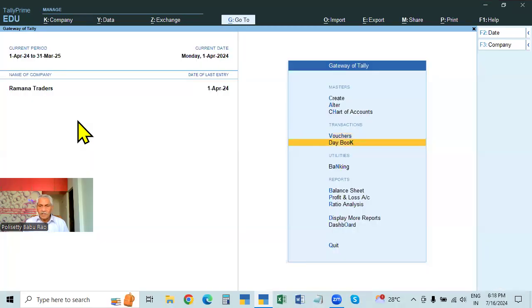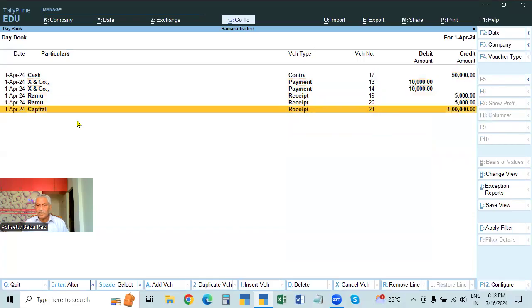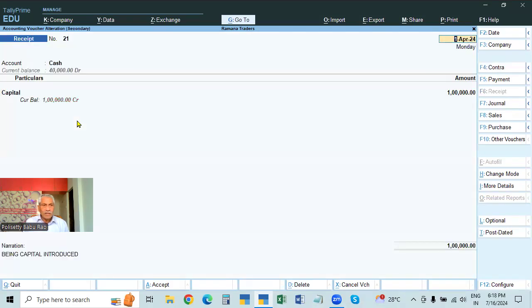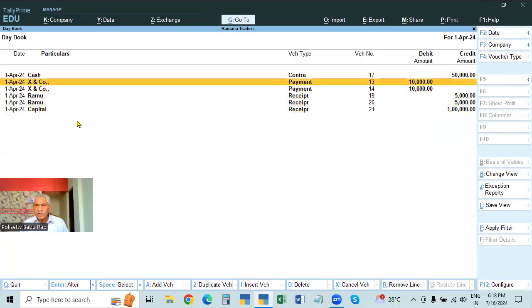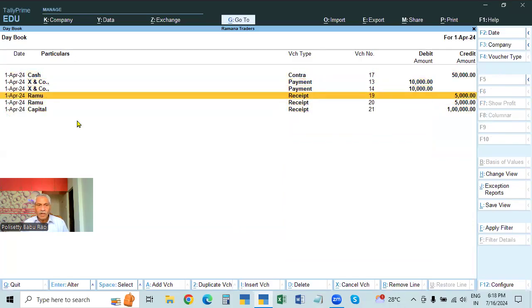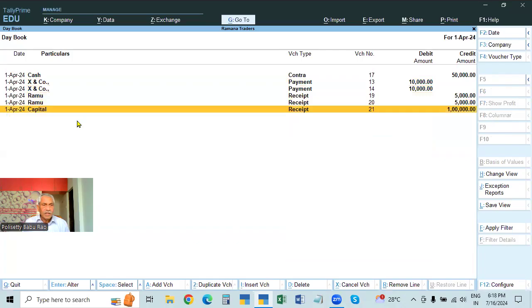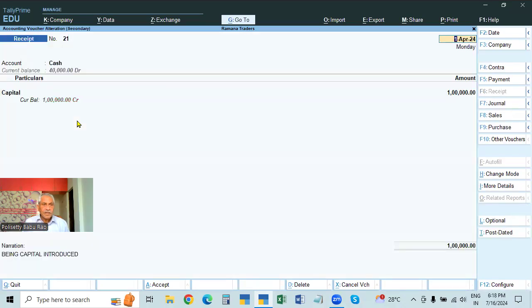It is not acceptable or not. Check. 1 lakh received in cash. Okay, 10,000. Okay, this is the receipt now. Receipt, cash is received, close capital.